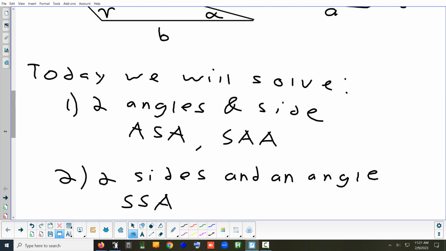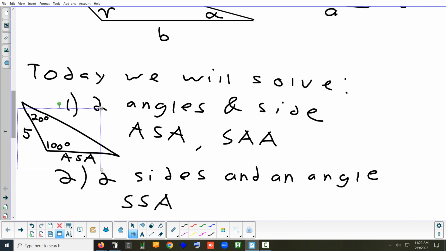Two angles and a side would look like this. The ASA is just referring to the information that you are given and where it is. So let's say this was 20, this was 5, and this was 100. This is angle side angle, because you know two angles, and specifically the side that you know is between the angles. That's why the S is between the A's.